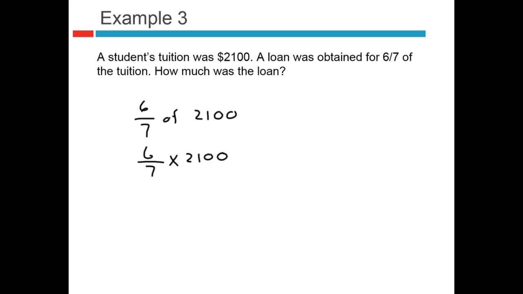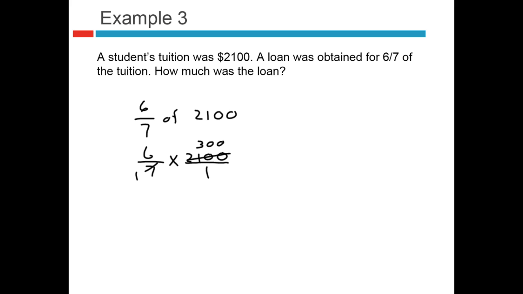Now, here again, we're multiplying a fraction times a whole number. So we will make this second value also a fraction, and now try to reduce. Well, we know 7 goes into 7 once. We know 7 goes into 2,100 300 times. Right? It goes into 7 3 times, and we have 2 placeholder zeros after that.